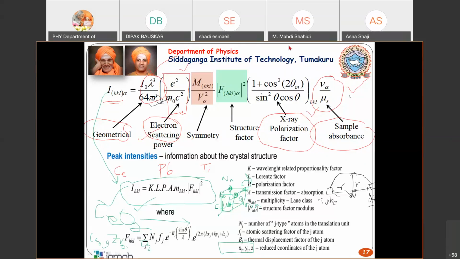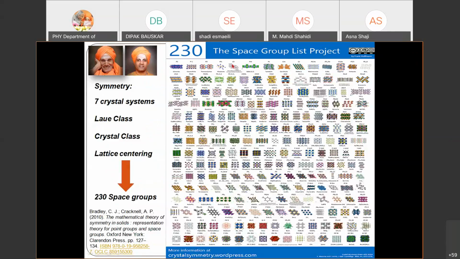If you give your space group, or even if you Google and go to Wikipedia, you will get all those 230 space groups.